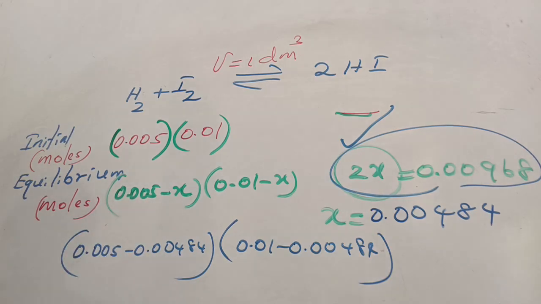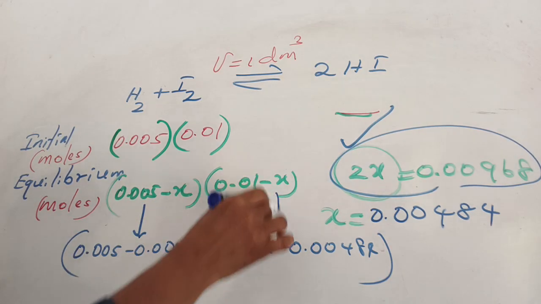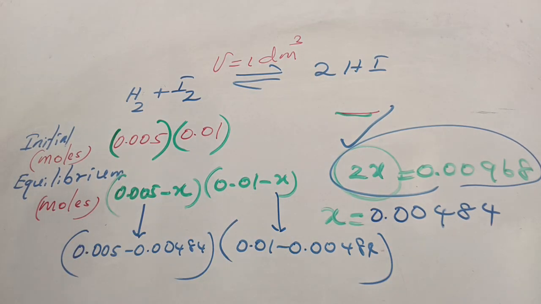What is remaining at equilibrium: once you subtract the amount reacted from 0.005, 0.005 minus 0.00484 is 0.00016 remaining at equilibrium for hydrogen.